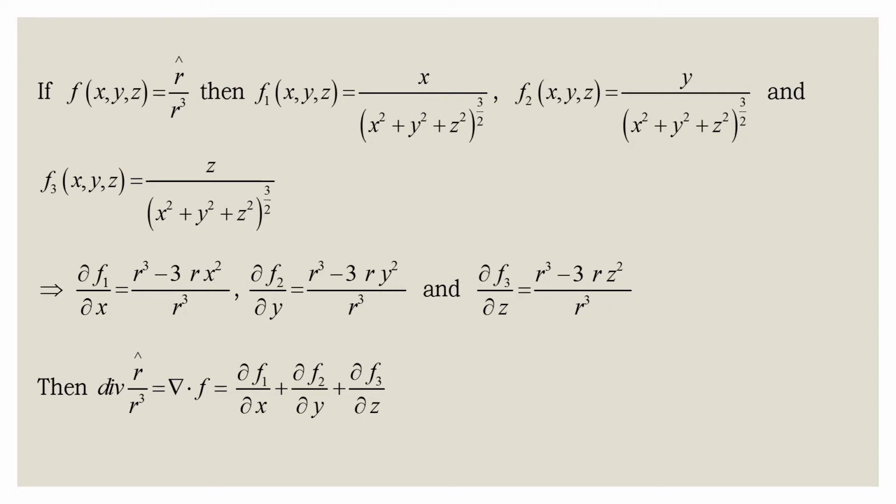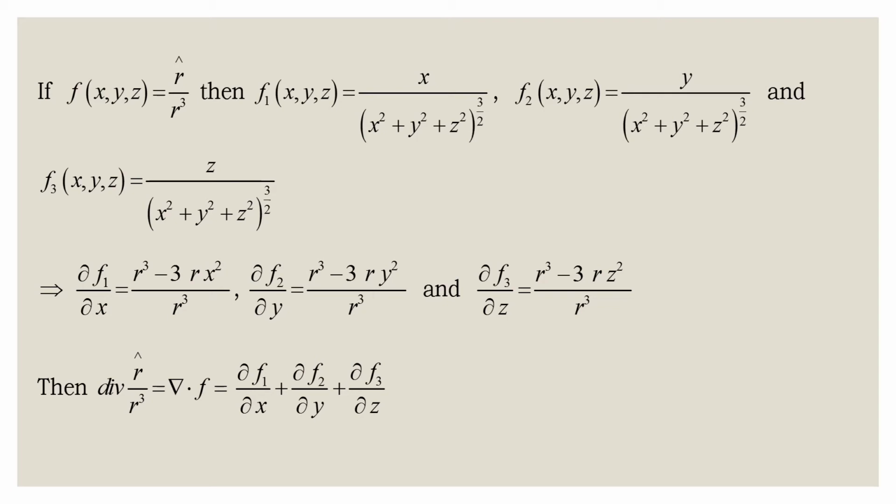So f of x, y, z equals x upon (x² plus y² plus z²)^(3/2) i cap plus y upon (x² plus y² plus z²)^(3/2) j cap plus z upon (x² plus y² plus z²)^(3/2) k cap. We want to find the divergence of this vector field. So we need to write down its component functions f1, f2 and f3.